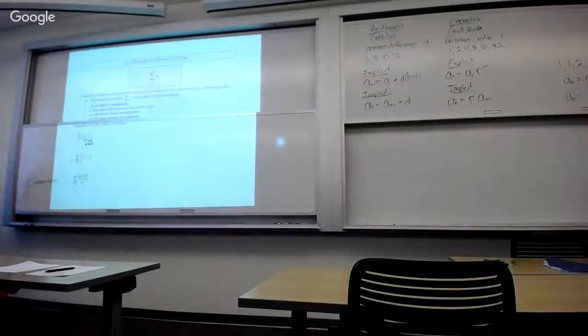Which, in and of itself, if that was our nth term formula, like let's say I called it a sub g equals 5g plus 3, I could just go ahead and calculate as many terms as I like. So for instance, the first term would be 5 times 1, which is 5 plus 3 is 8. And the second term would be 5 times 2 is 10 plus 3 is 13. And the third term would be 5 times 3 is 15 plus 3 is 18.